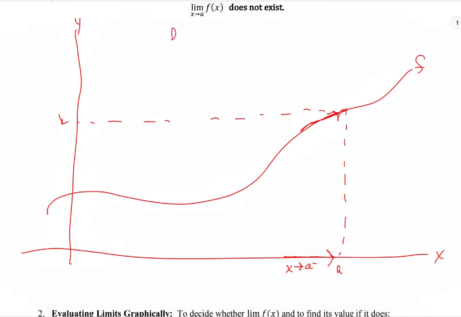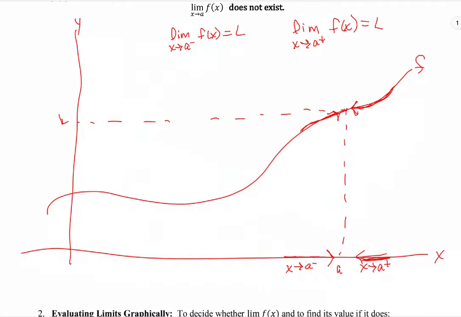All right, so this means that the limit as x approaches a from the left of f of x goes to some value L. Similarly, if I look at x approaching a from the right side, as x gets closer and closer to a from the right, then the value of the function gets closer and closer to that same value of L. In other words, the limit as x approaches a from the right of f of x goes to that same y value, L.